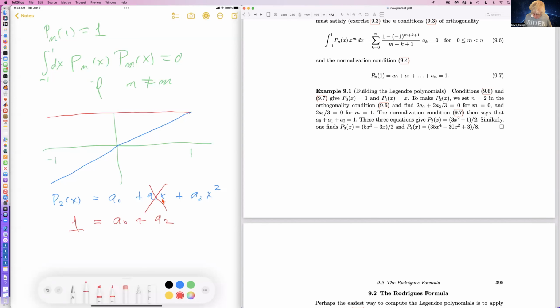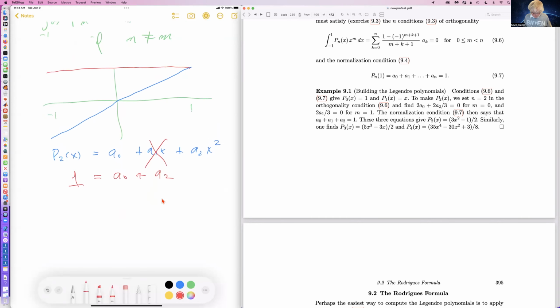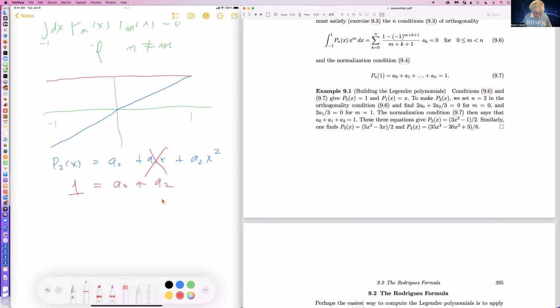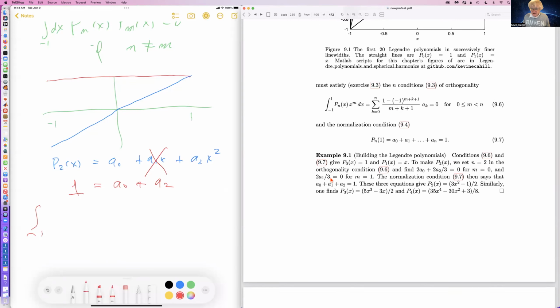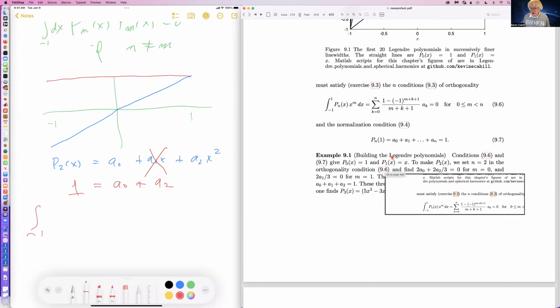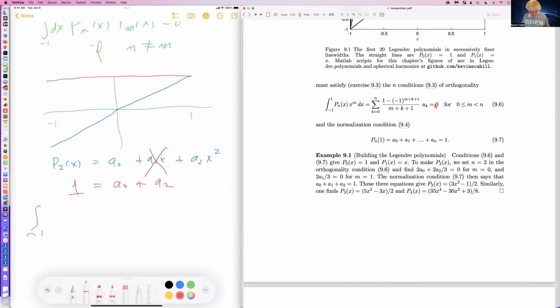And what else? Well, the integral from -1, no, that's not going to give us anything. Well, let's see, the orthogonality condition here. That's right. P2 has to be orthogonal to P0, so it has to be something that integrates to 0.